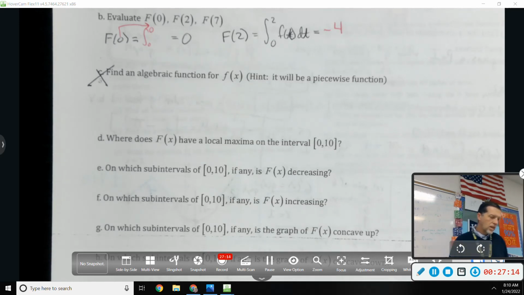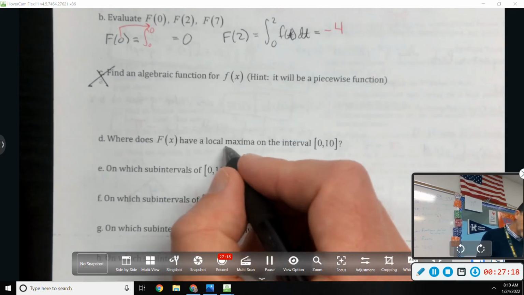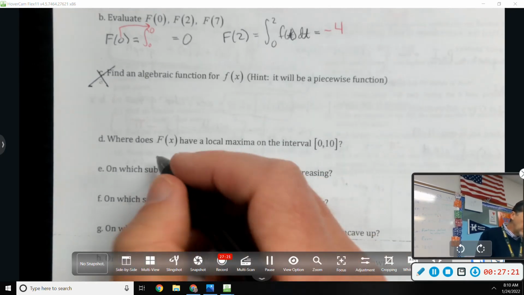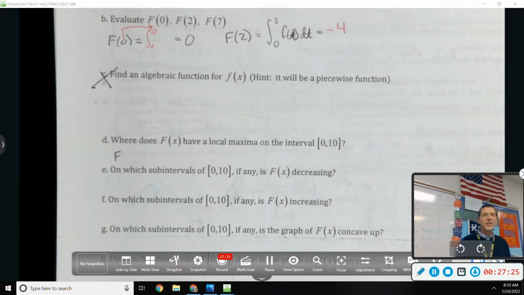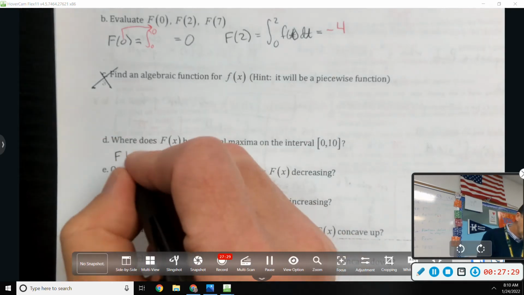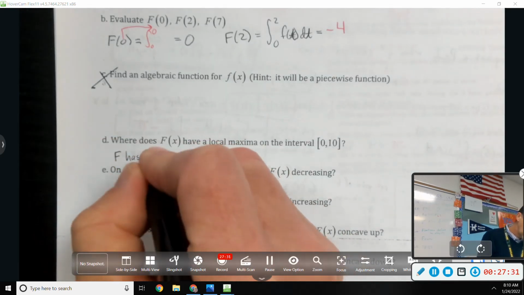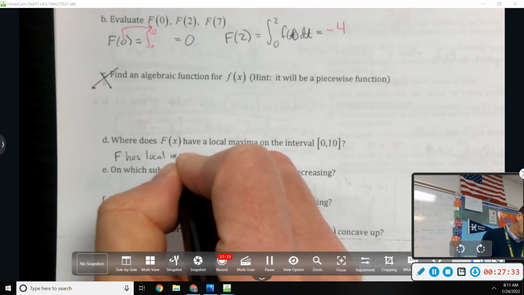Part D. Where does capital F have a local maximum? Now, it doesn't ask me to justify my answer, but I think I need to justify my answer, at least in my head, so I know what I'm looking for. So, where does capital F have a local max?